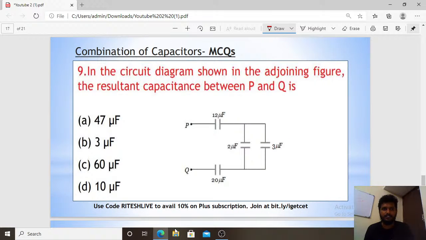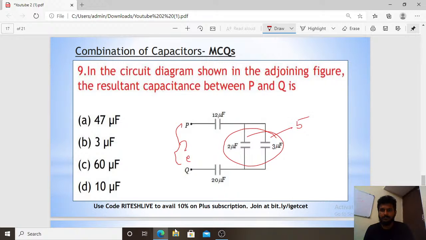Thank you. Next, for the circuit diagram shown in the adjoining figure, the resultant capacitance between P and Q is what? First, these two are in parallel. Okay, when they are in parallel, direct plus, 5 microfarad. Then the circuit will be like this.